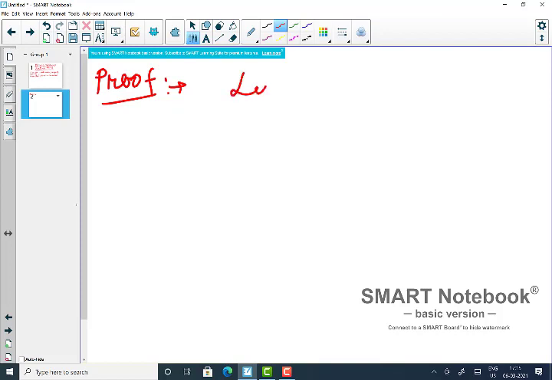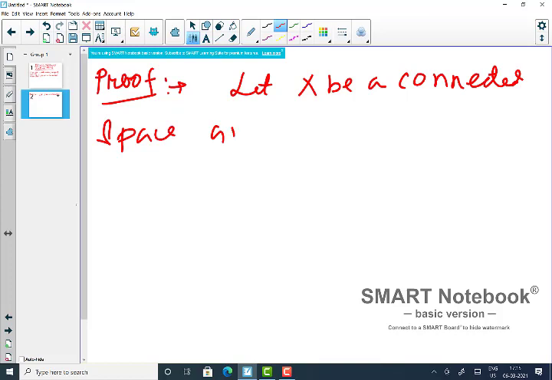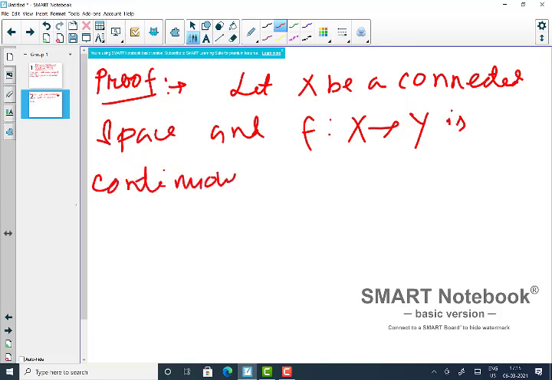So let X be a connected space, and suppose you have a continuous function f from X to Y. Okay, so what is our claim?